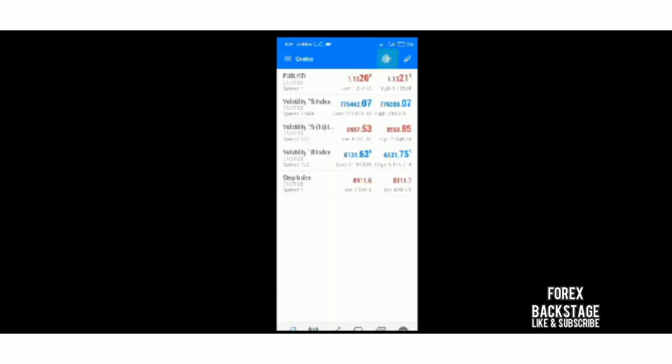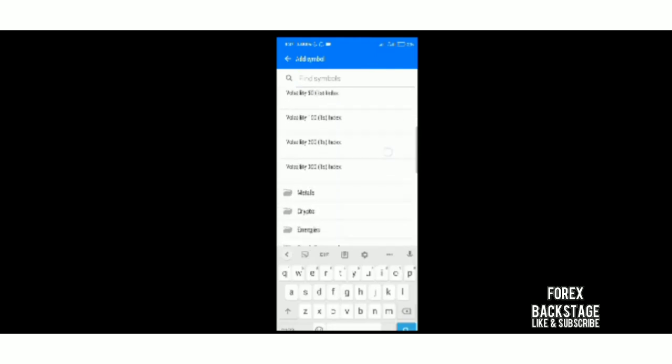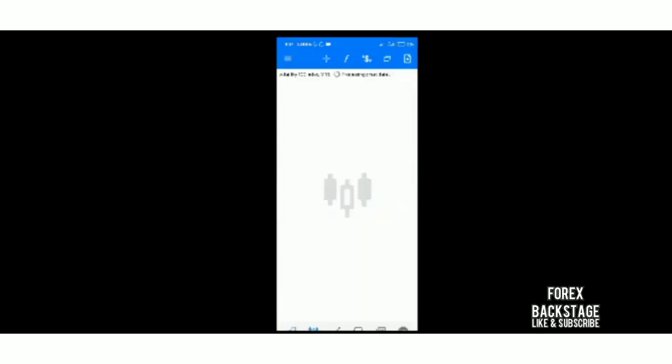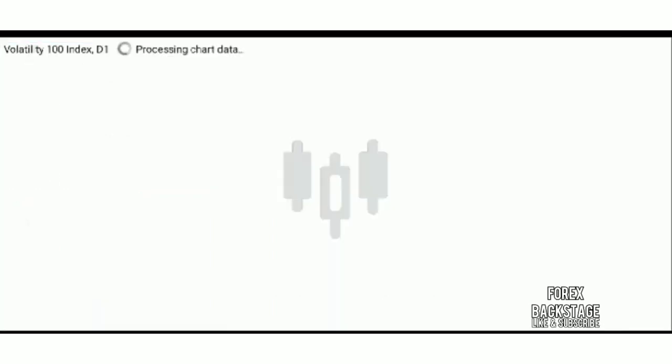Let's quickly look at VIX 100. Like I said before, we start with the higher time frames, guys.